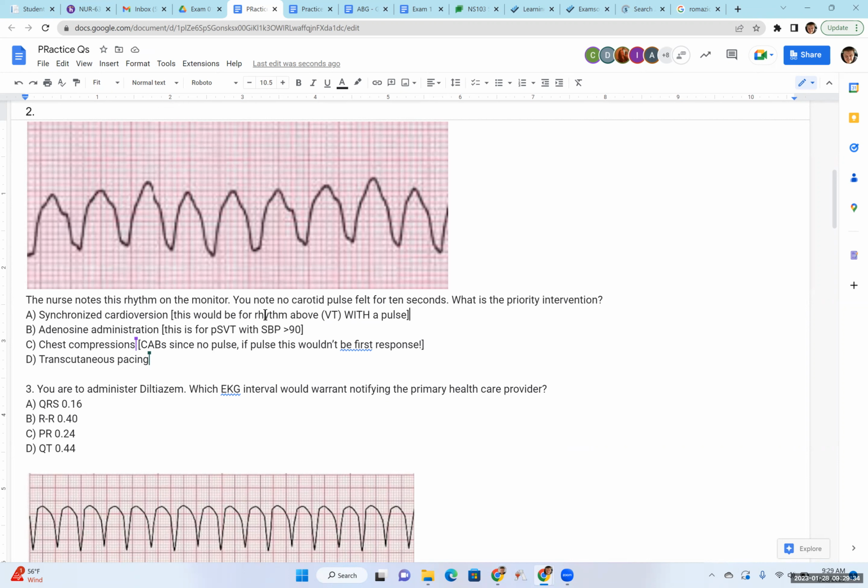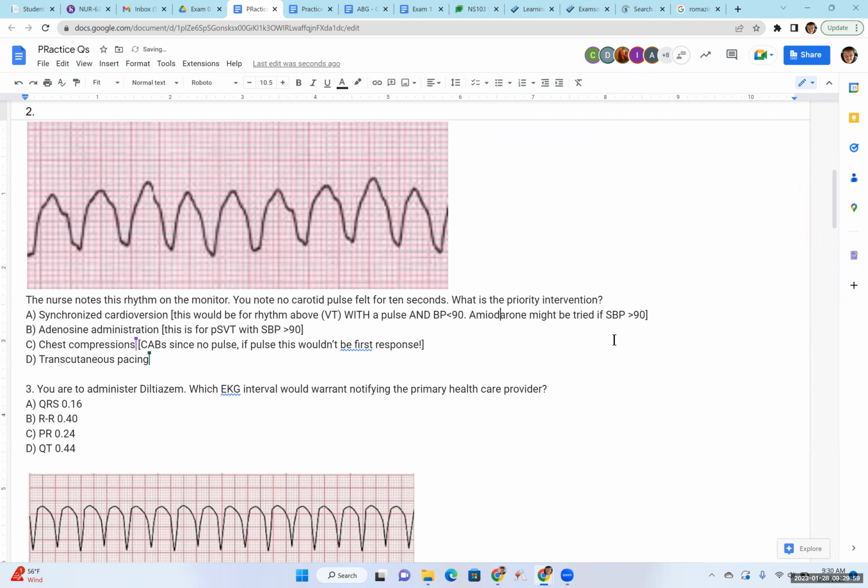So we could say with a pulse, amiodarone might be tried. And that's with a pulse, right? We don't mess around, if there's no pulse, we don't mess around. Amiodarone.